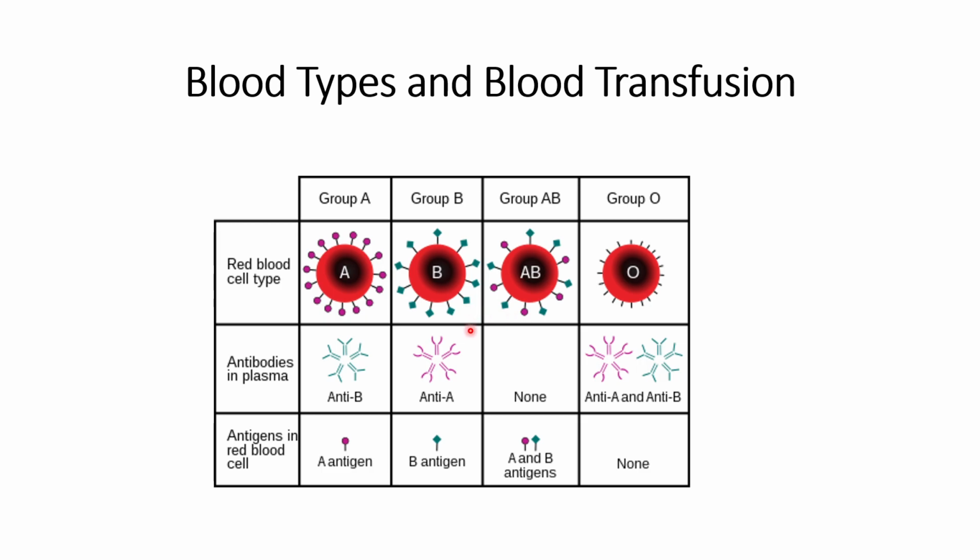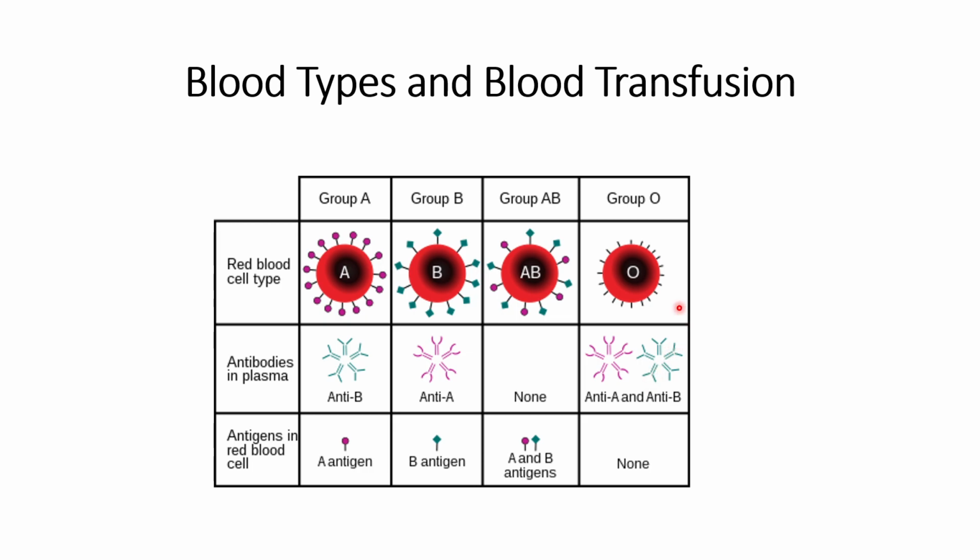It cannot donate to group A or group B because they have antibodies. Sorry, I would like to correct one thing: group AB cannot donate blood to anyone except group AB. I am right.